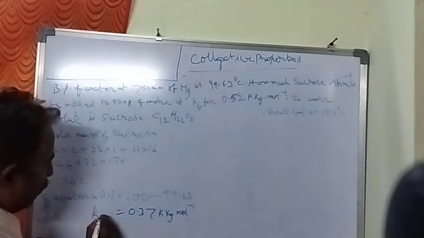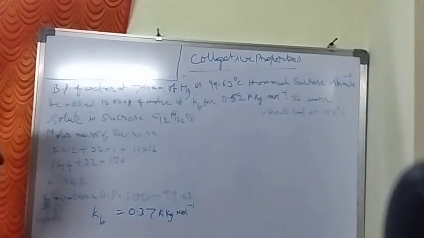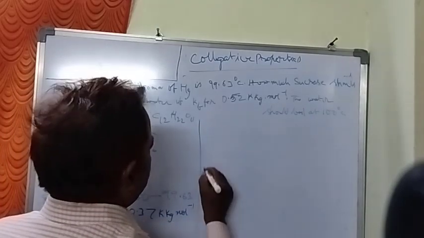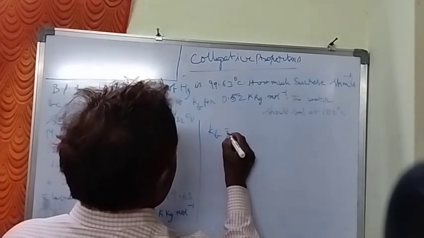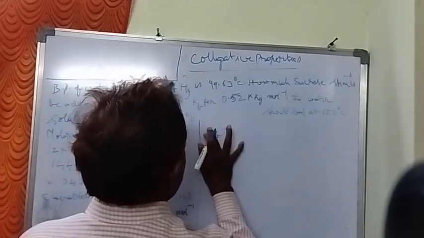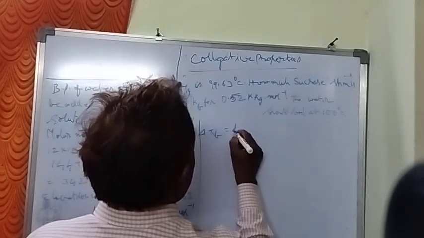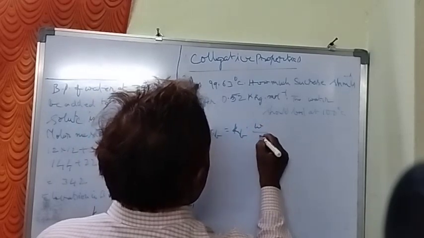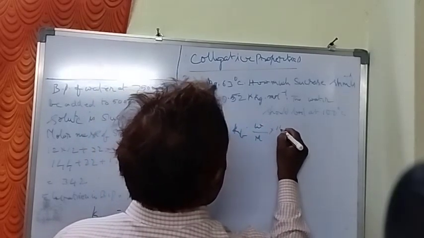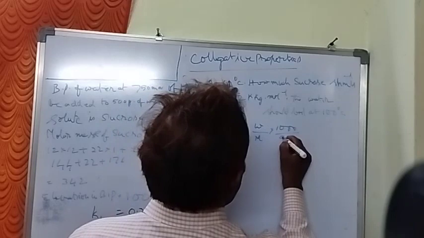Now delta Tb equal to Kb into W by M into 1000 by G grams.